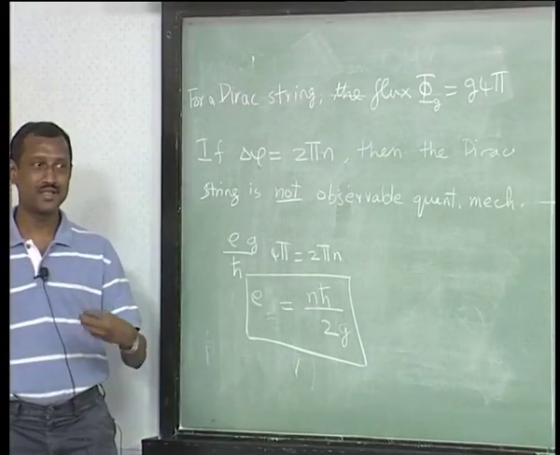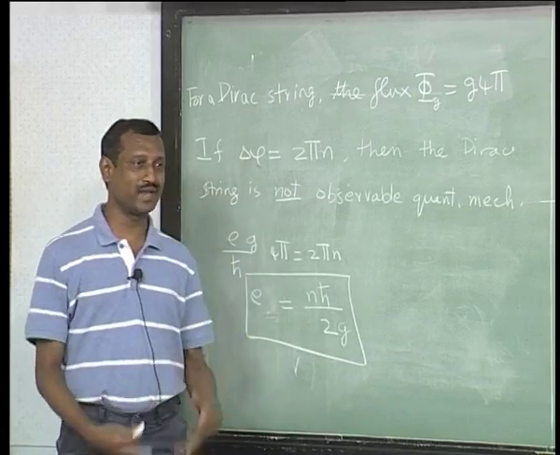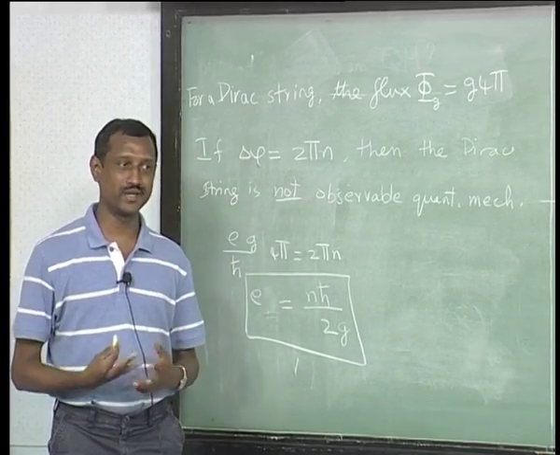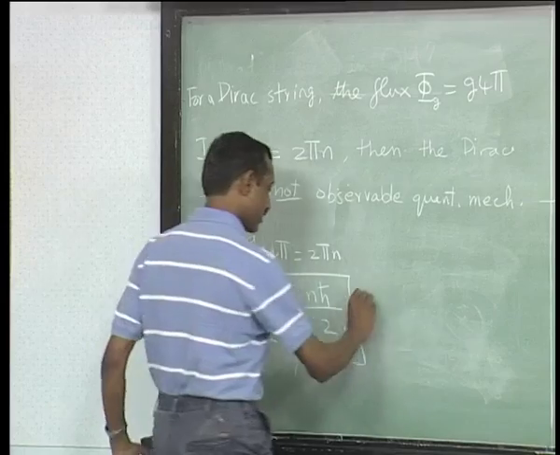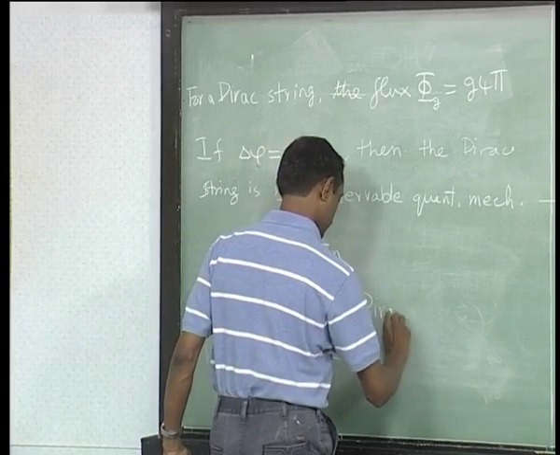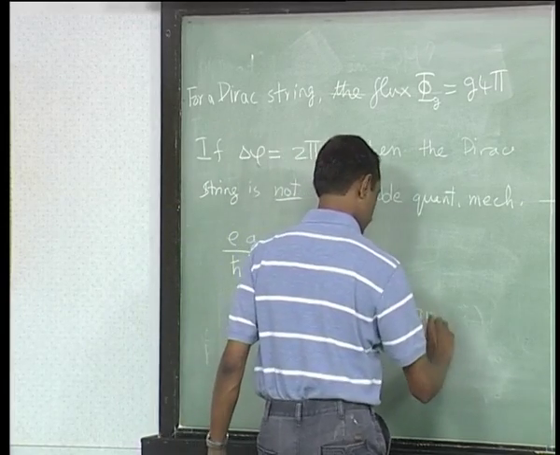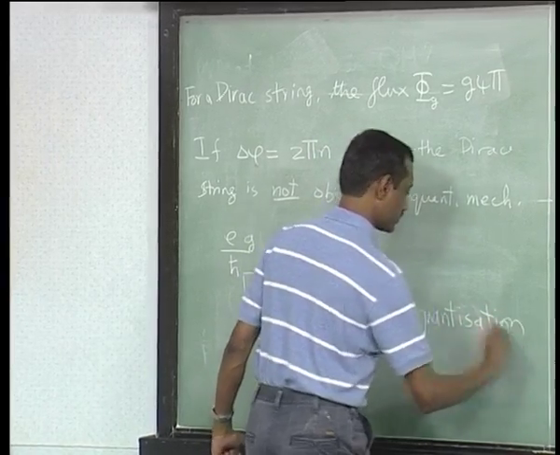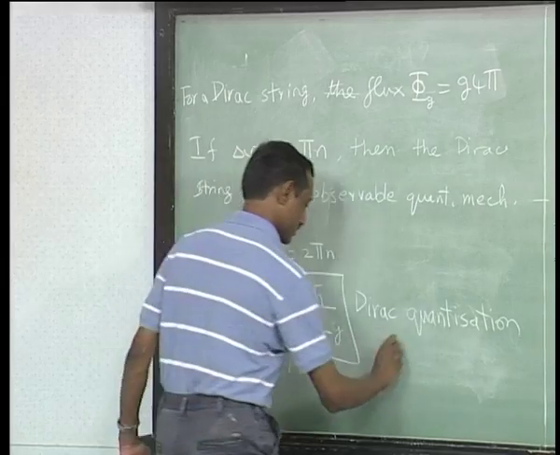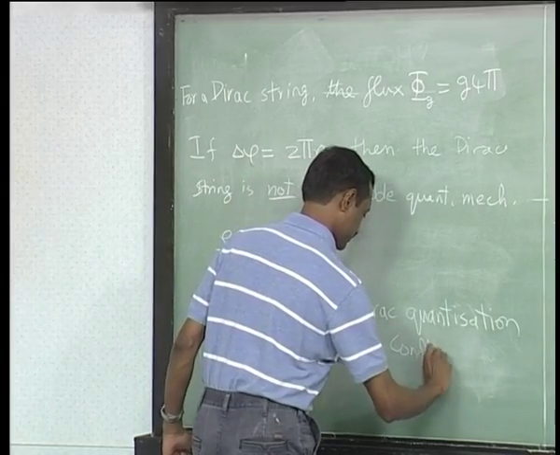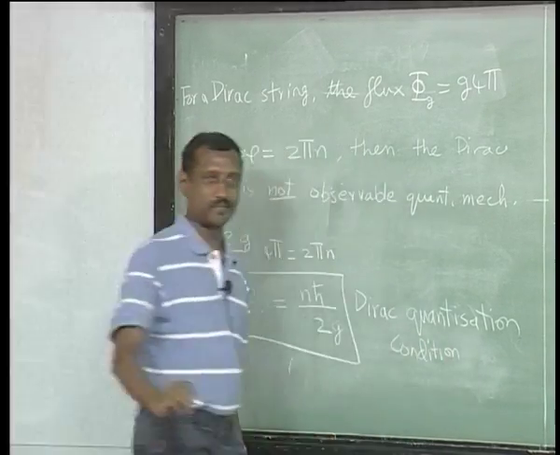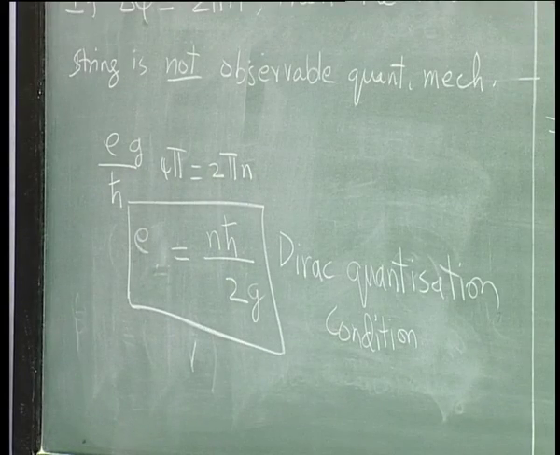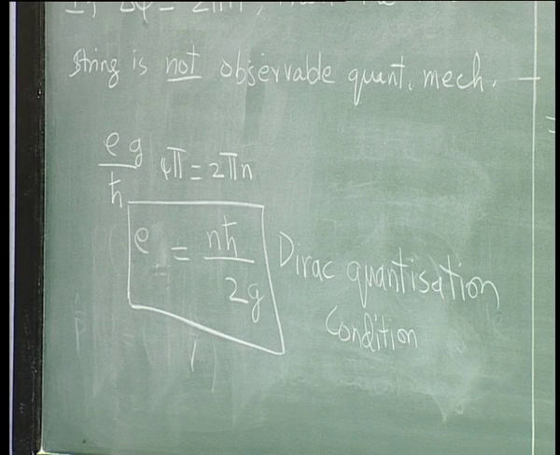So this is the first ever explanation of why charge is quantized, and it is called the Dirac quantization condition. We will use the English spelling because Dirac was English. This is an amazing result, very simple, and we can understand it at a very elementary level.